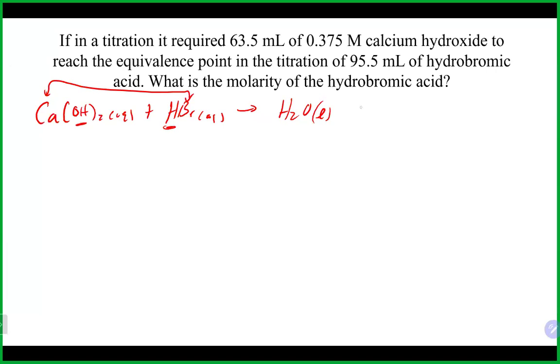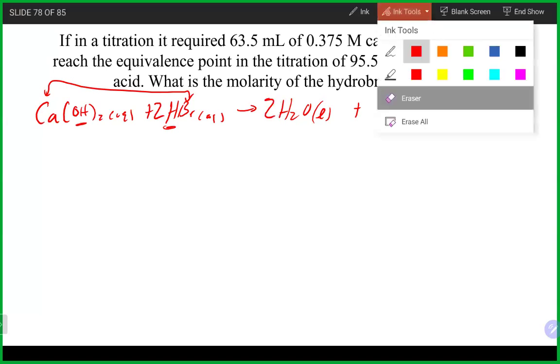And that's going to get us CaBr2. Now that I have the right formulas, I do want to balance them. So I do want to put a 2 there, and I think I will need a 2 there as well to balance it up. Any questions on the equation here?